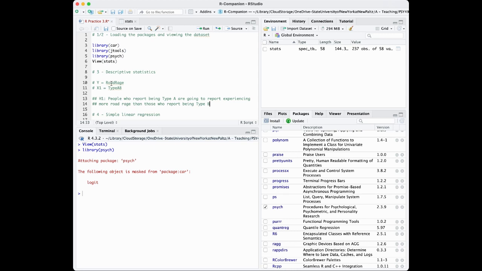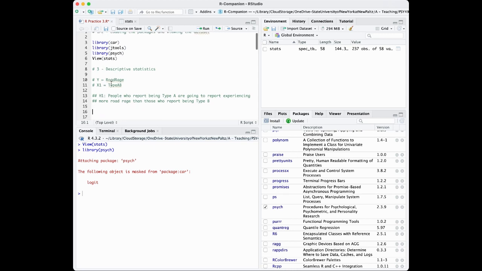Pretty straightforward. And in fact, if you look at this hypothesis, as we've talked about in class, you could test this with a t-test instead of a regression. But this is a regression class, and we now know that t-test is just a very specific kind of regression.